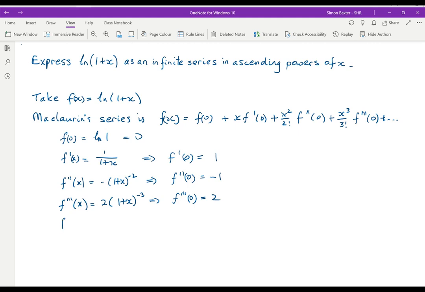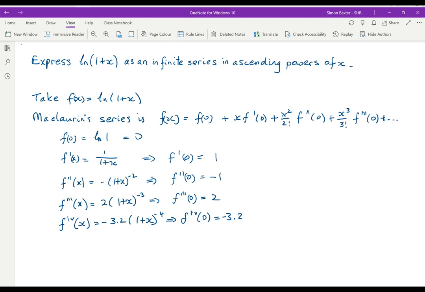Differentiate again. We just need to make sure that we know what the pattern is. Minus 3 times 2, which I'm going to write as 3 times 2, (1 plus x) to the minus 4. That gives me that f4(0) is minus 3 times 2.